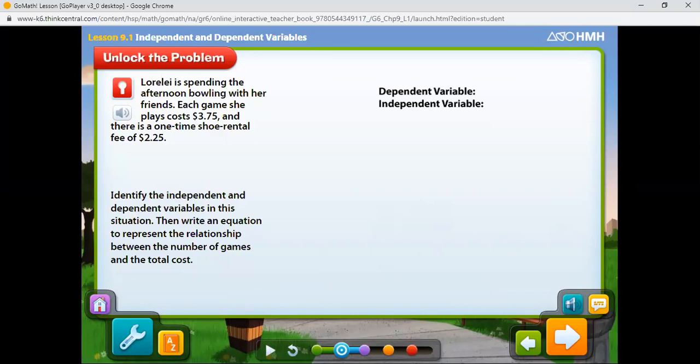Okay, now before they identify the dependent and independent variable, let's check whether we understood what is dependent and independent variable. What's the problem? They're saying Lorelai is spending the afternoon bowling with her friends. Each game she plays costs $3.75, and there is a one-time shoe rental fee of $2.25.